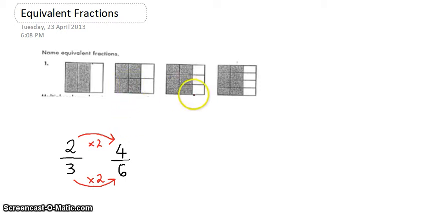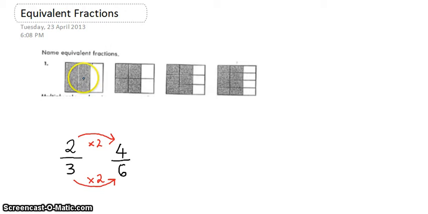If I want to get the next equivalent fraction, I need to look at my original fraction, and instead of multiplying by 2, I need to multiply by 3. I'm going to use a different colour here to show that. So I started with my 2 parts here that are shaded in.